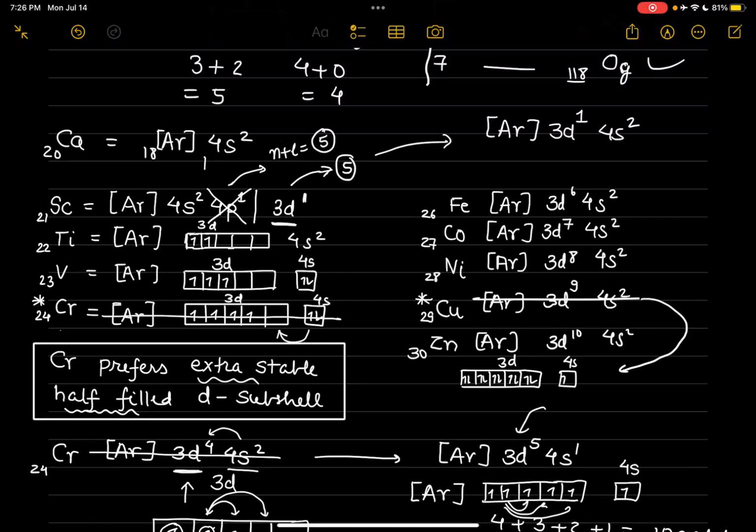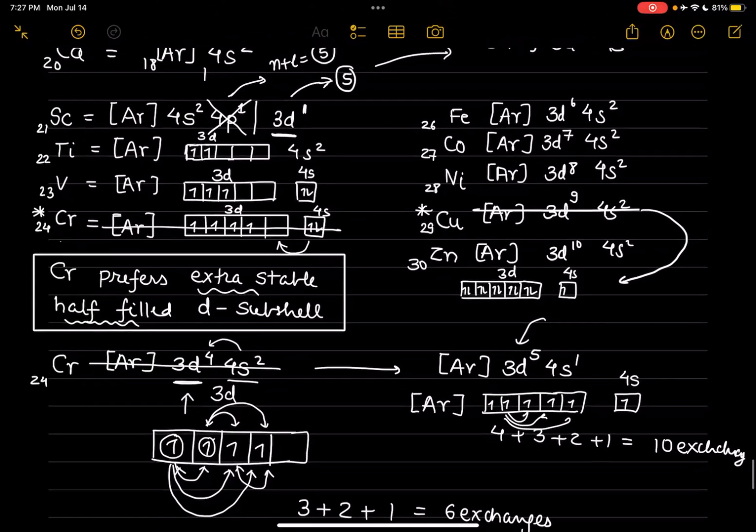But if somebody asks you why it is extra stable, you will say because of the symmetrical electronic configuration and more number of exchanges happening with 10 electrons instead of 9 electrons. Is it clear or not? Yes, sir.